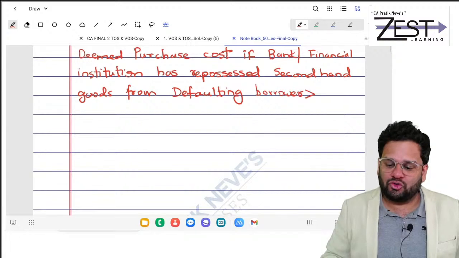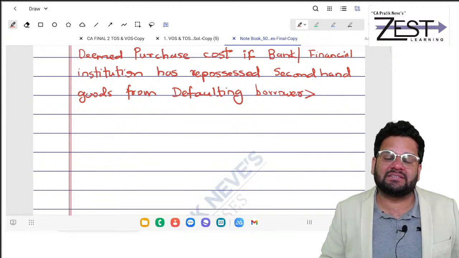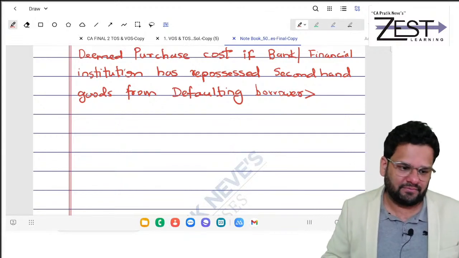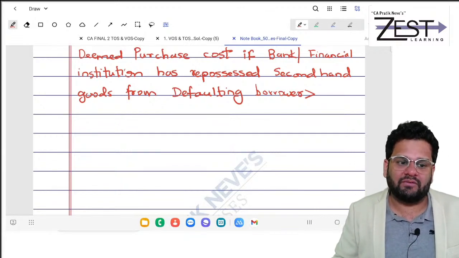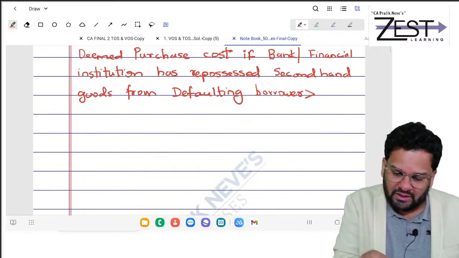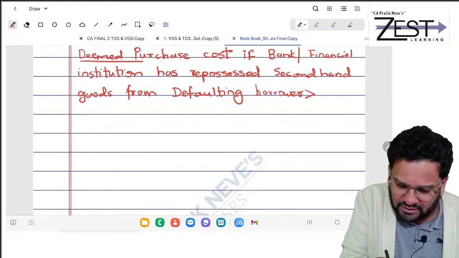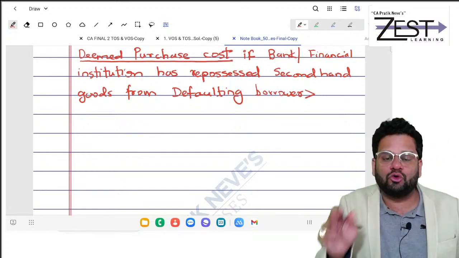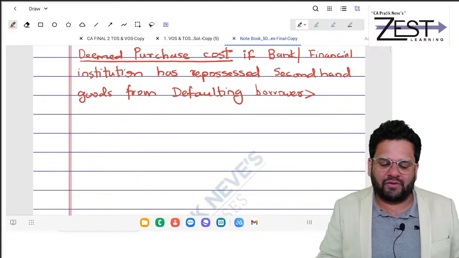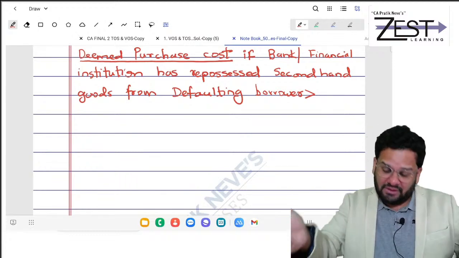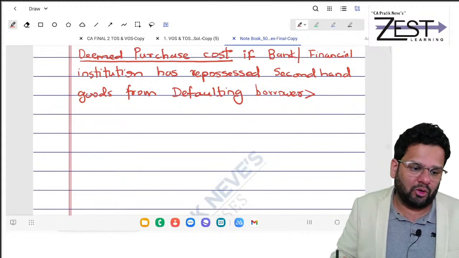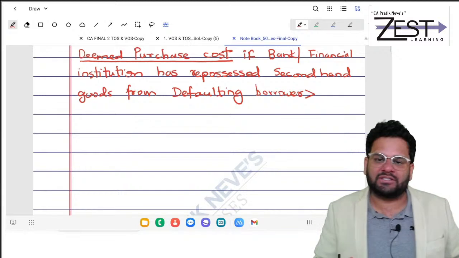For the bank there is no buying cost, but they are selling second hand goods in the course of furtherance of business. So they will have to take something as purchase cost. That is called deemed purchase cost, for the bank. Did you understand what's happening?